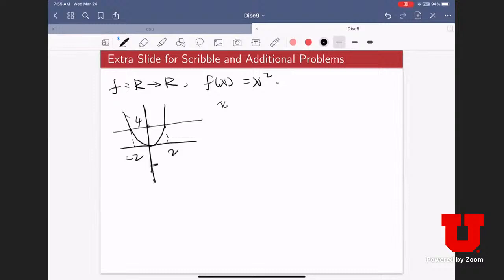So if we take -1, we actually cannot find any x in the real numbers that makes f(x) equal to -1. So f is not onto. And this will just be your counterexample.